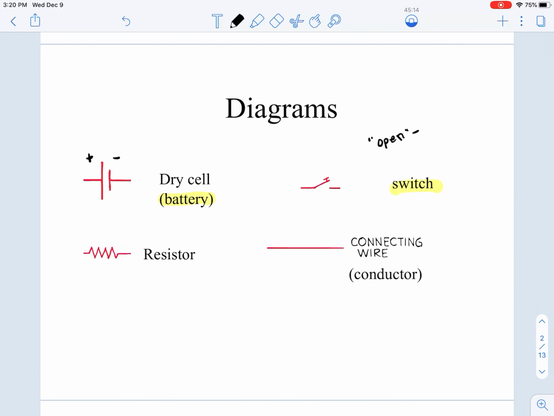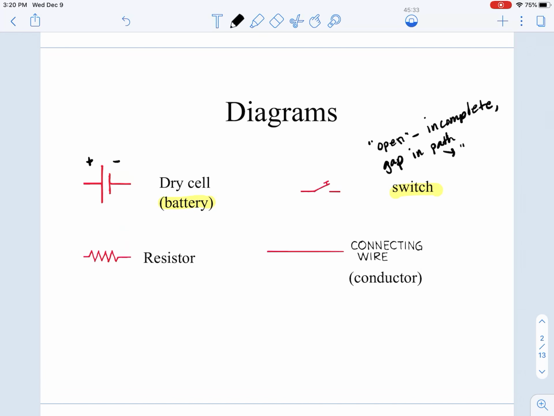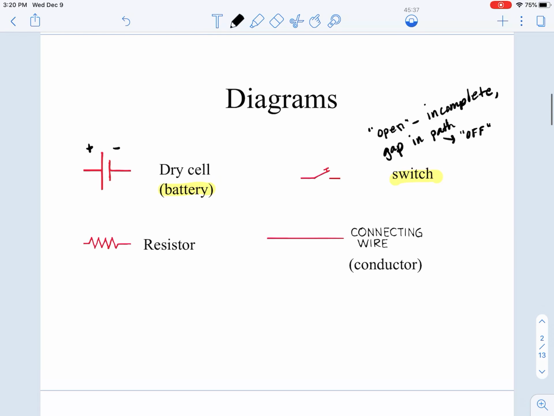Okay, so this is an open circuit, so this is an incomplete circuit, meaning that we have a gap in that wiring or in that path. So anytime our circuit is open and we have that gap, this means that our device is going to be turned off.